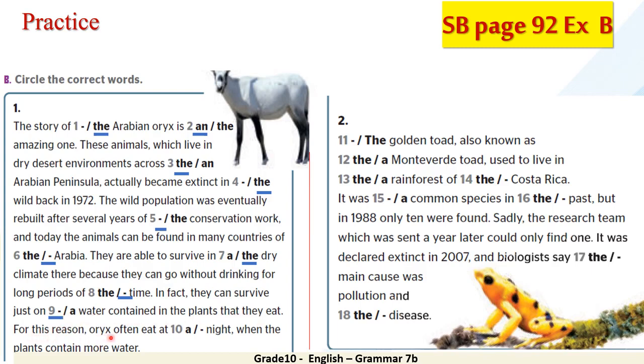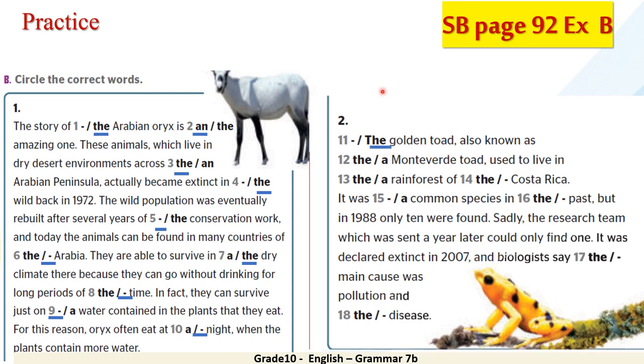For this reason, oryx often eat at, yes, that's correct, at night. So it takes no article. When the plants contain more water, the golden toad, which is also very well known, so it takes the golden toad.